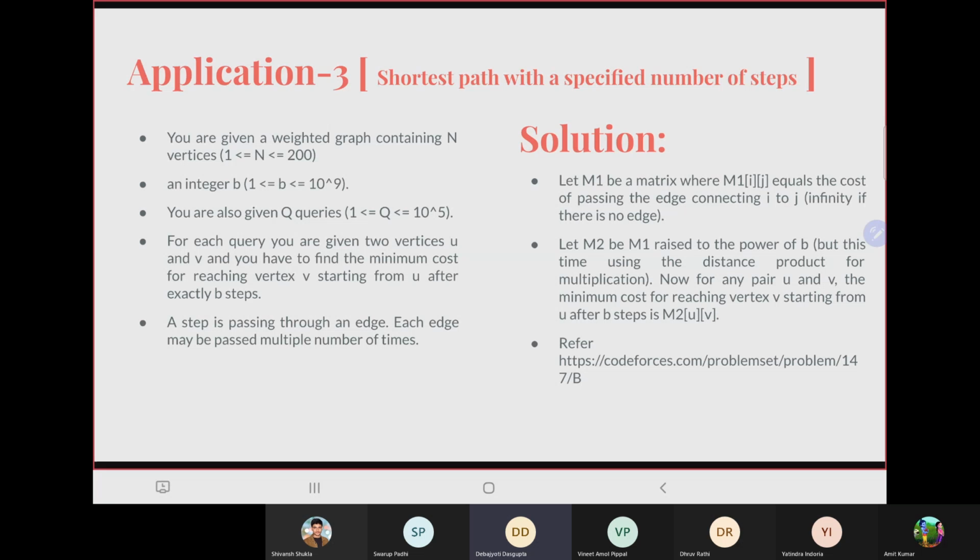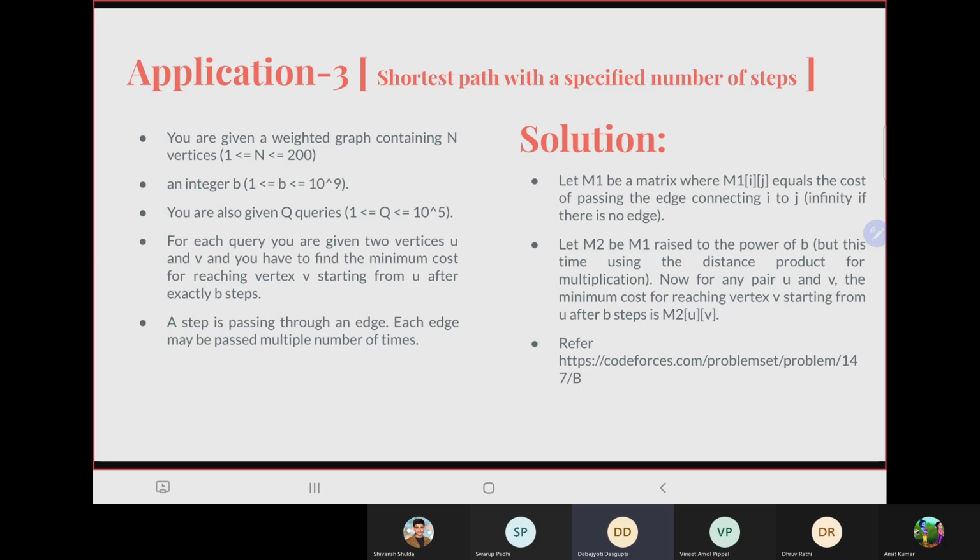So your element M A to B will have the distance that you will be traveling when you go from A to B, and do the same thing, that is take the product B times, since we want to go from U to V in exactly B steps, right? So we are finding what is the shortest path length you can cover in these steps, because each path has a different length.